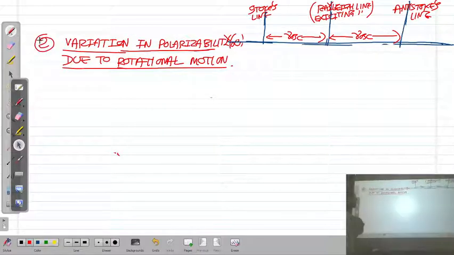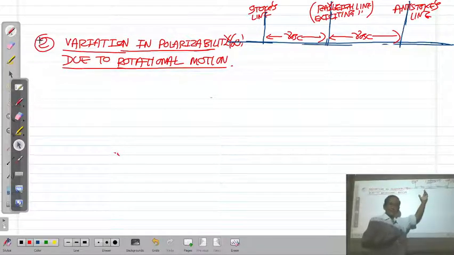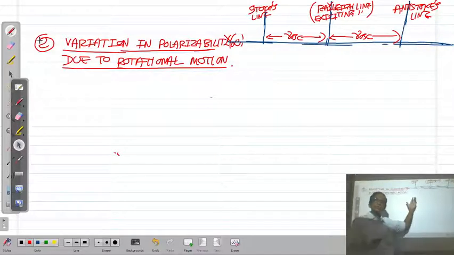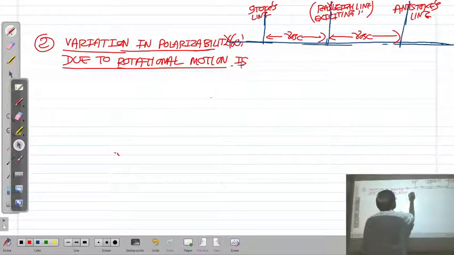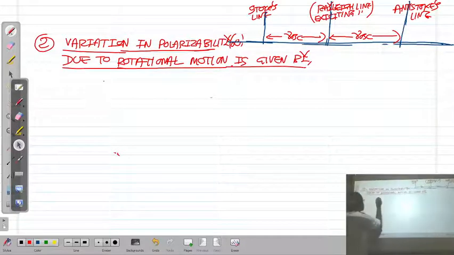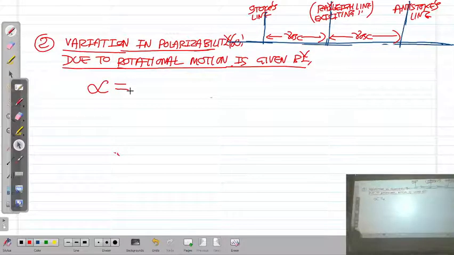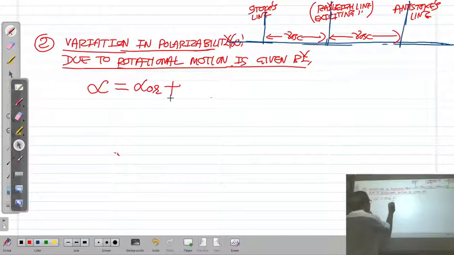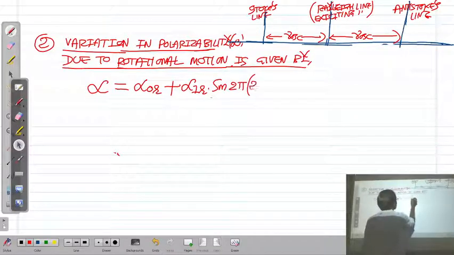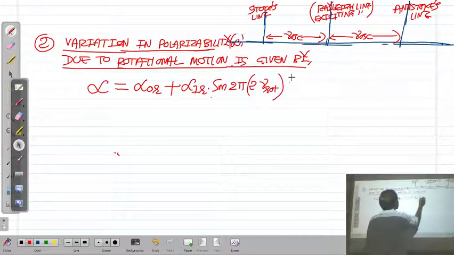And how the polarizability of the molecule is varying due to rotational motion. So let us study the variation in the polarizability due to the rotational motion of the molecule, which is given by alpha is equal to alpha 0r plus alpha 1r sin 2 pi into 2 nu into t, right?